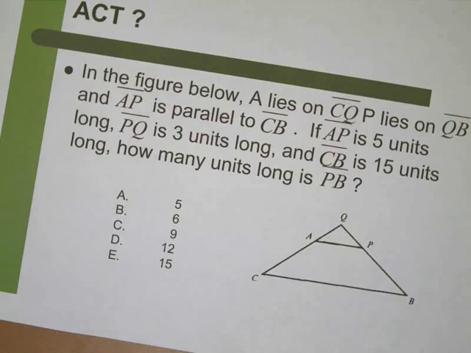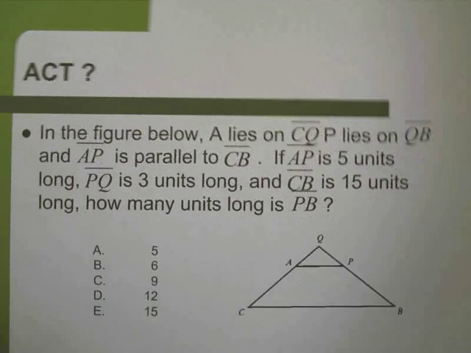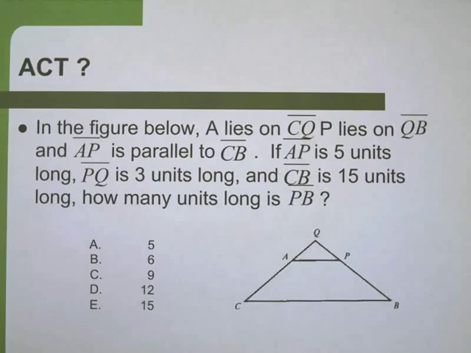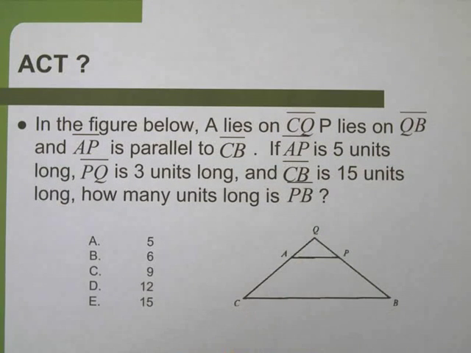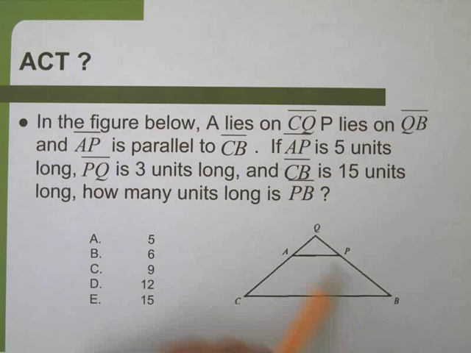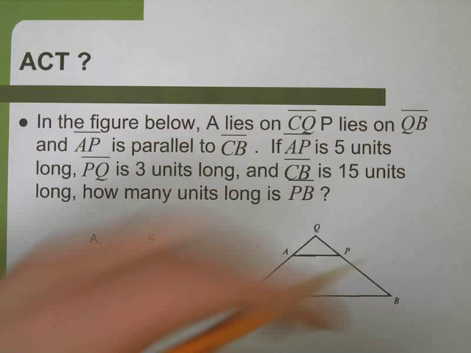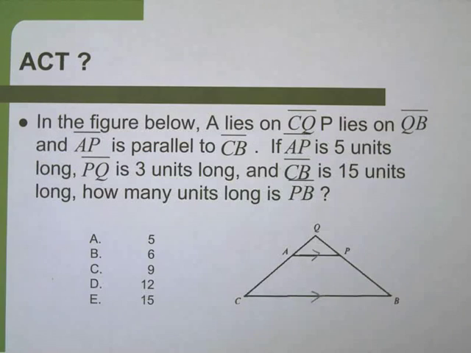Pretty simple, right? Here's an example off the ACT. Let's see if I can zoom out enough, okay? In the figure below, A lies on CQ, which means that A is on this line from C to Q. P lies on QB, so that means it's on its line, and AP is parallel to CB. Aha! So we have this going on, right?